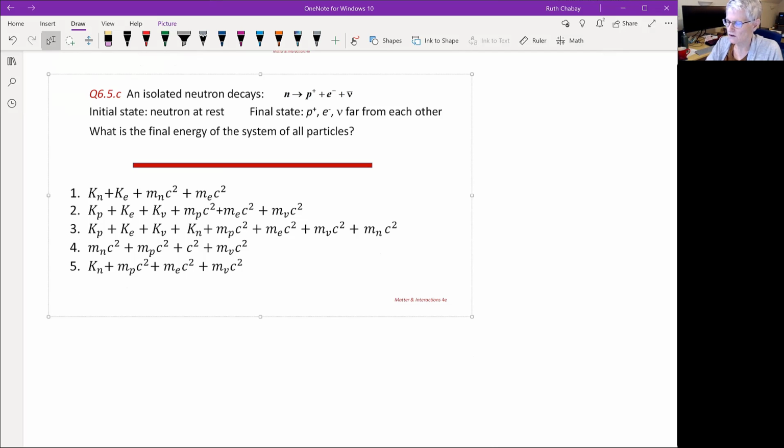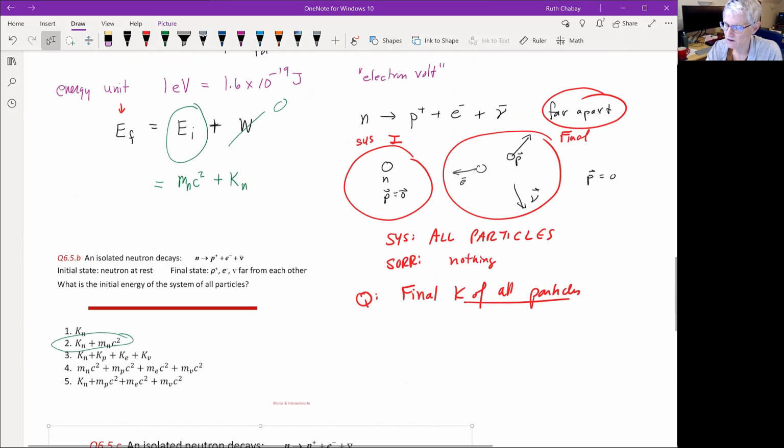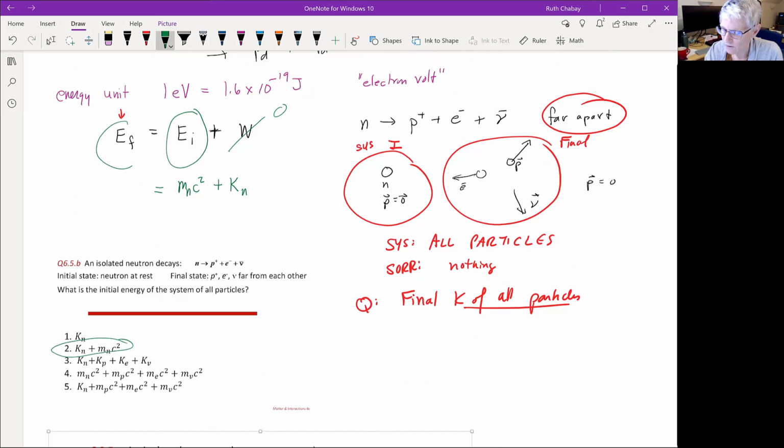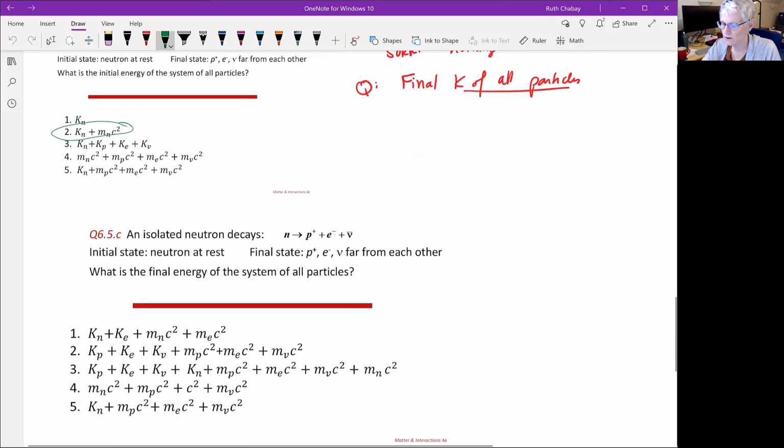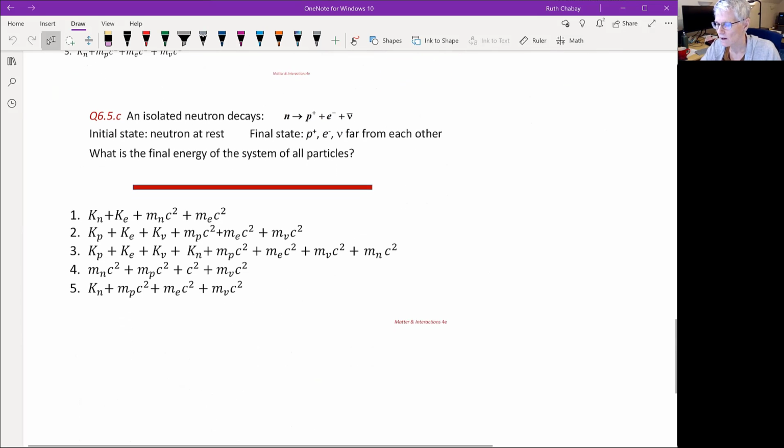So here in this system, the next question is, how do we write out the terms for the final energy of the system? We decided the initial energy was only the kinetic energy and rest energy of the neutron.